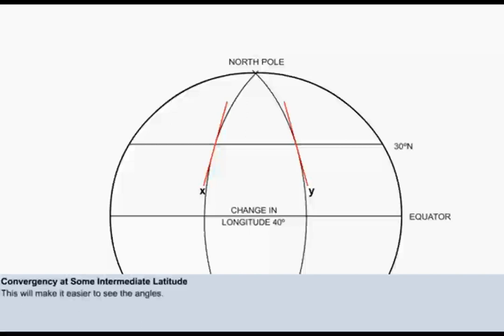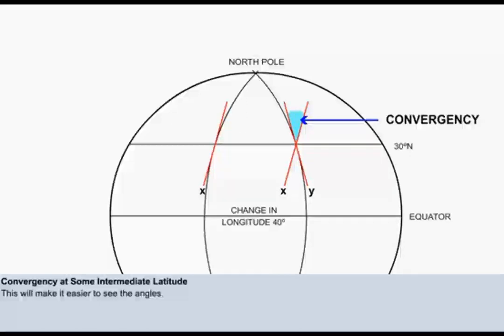Let's make a copy of X and move it to Y, keeping it parallel. This will make it easier to see the angles. Their inclination at Y is the convergency. The formula will tell us what this angle is.